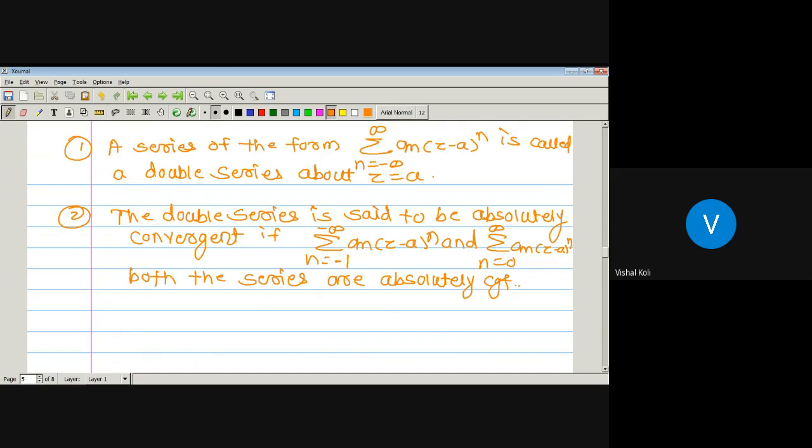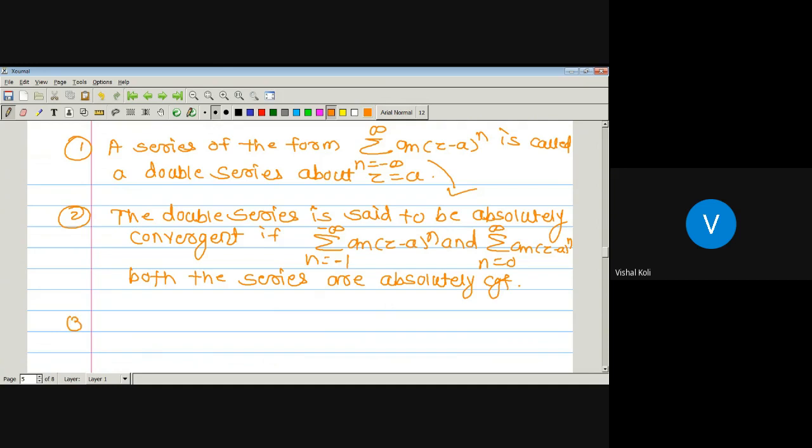Okay, what is absolutely convergent? Any series n running from 0 to infinity a_n z raised to n is said to be absolutely convergent if the series n running from 0 to infinity modulus of a_n z raised to n is convergent. That is nothing but absolute convergence. So the double series is said to be absolutely convergent when these two series are absolutely convergent.